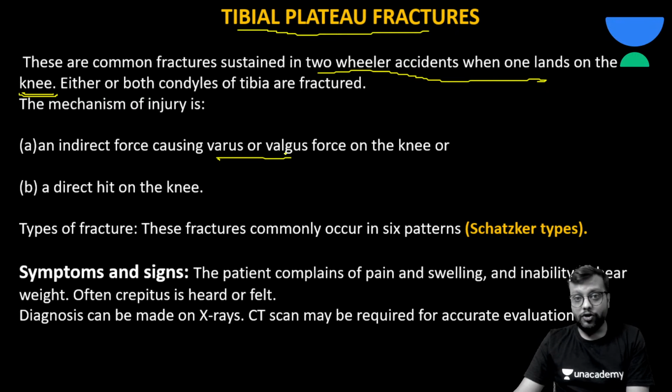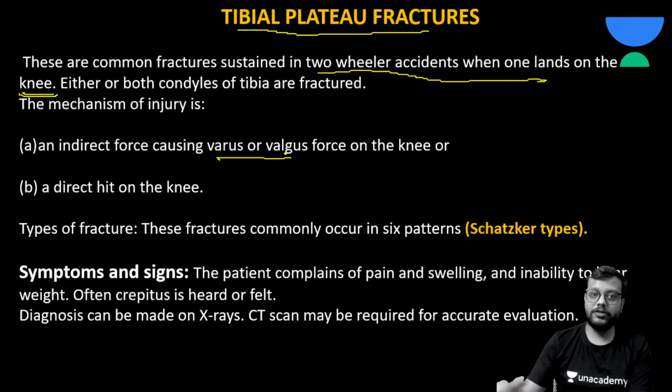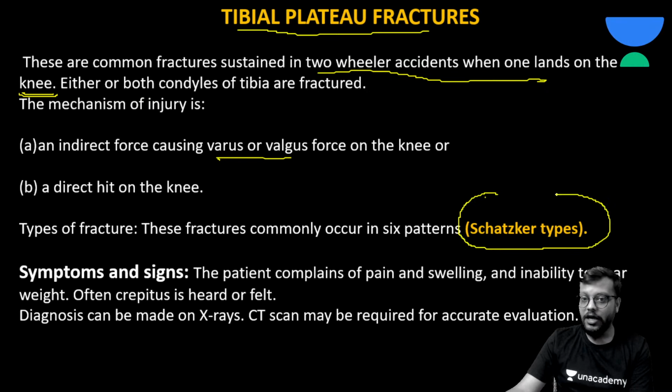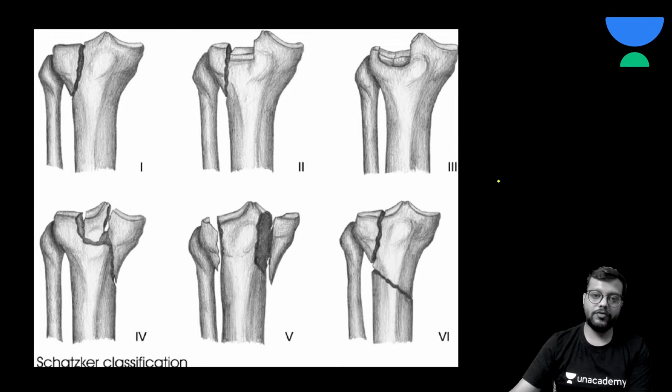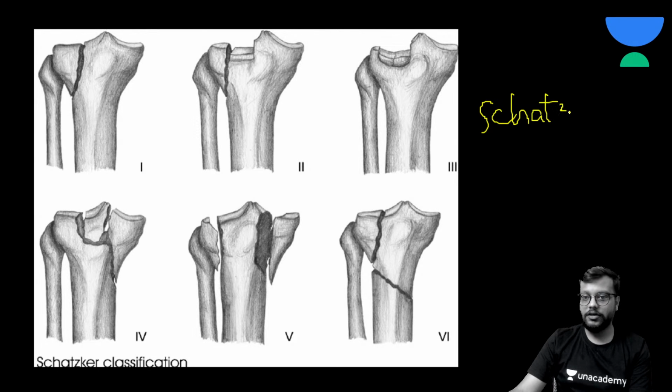Now, most commonly in tibial plateau fractures, an important question is about the classification and its types. So basically you have to just remember the name, that is, tibial plateaus are classified by Schatzker types. Schatzker type is for the tibial plateaus. See in this image, you can see there are 6 categories according to the Schatzker classification, and here you can see 1 2 3 4 5 6, and 5 and 6 are comminuted and most dangerous types.